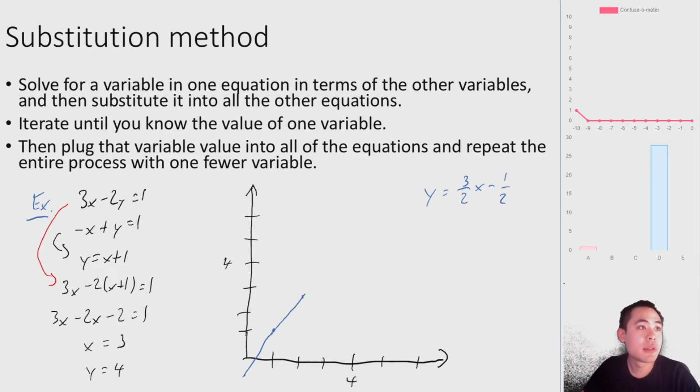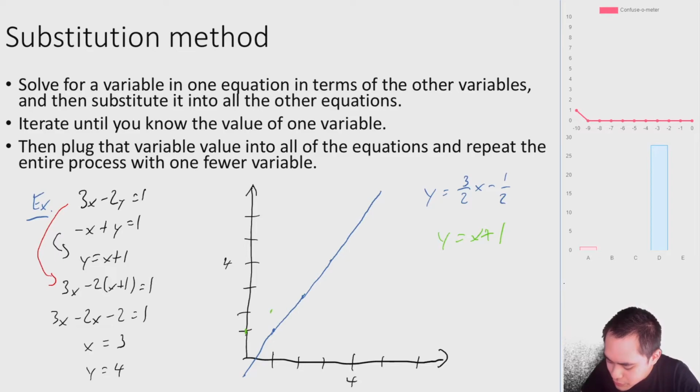The other one is y is equal to x plus 1, which is easy because there's your y-intercept, and your points are here. So you have your intersection point here at x is equal to 3, y is equal to 4.